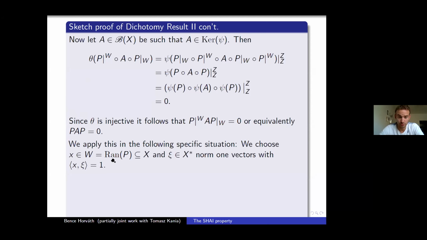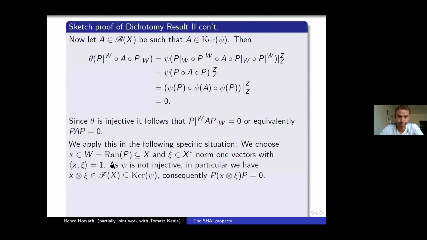Let us choose a norm 1 vector x in the range of P, and a norm 1 functional from the dual space such that it evaluates at x to 1. Because we assume that psi is not injective, this rank 1 operator must belong to the kernel of psi. So by what we did above, putting this operator instead of A, we know that P applied to this rank 1 operator applied to P is just 0.